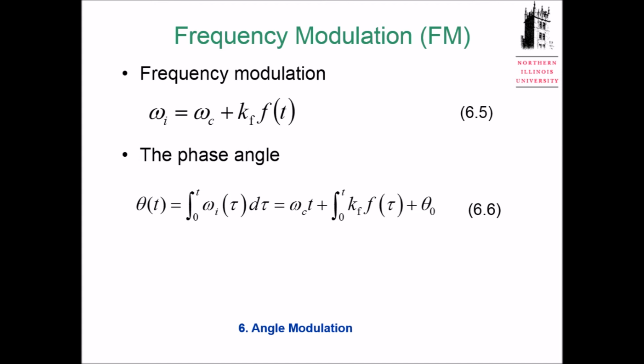Here we have omega c t, theta 0, and the integral of my message. So your signal's phase continuously accumulates according to your message. So this is the frequency modulation definition.